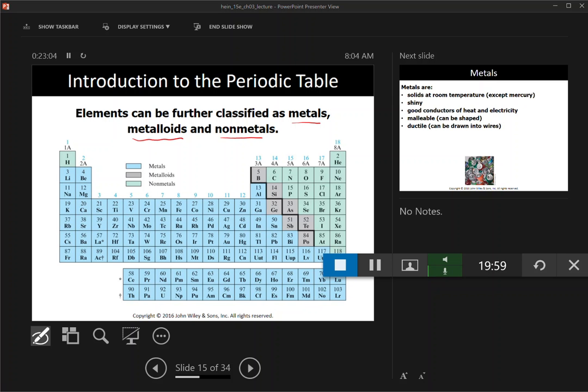The metals in the periodic table are shown in blue. Non-metals are shown in green, and metalloids are shown in a pinkish color.